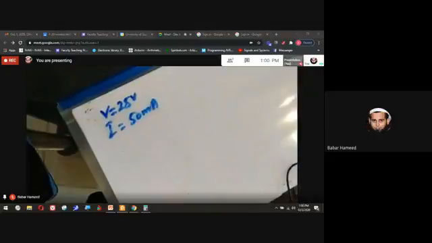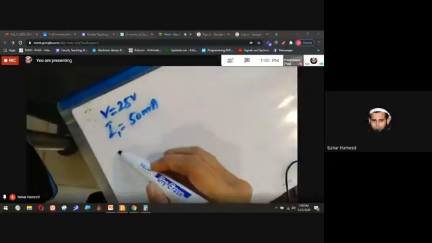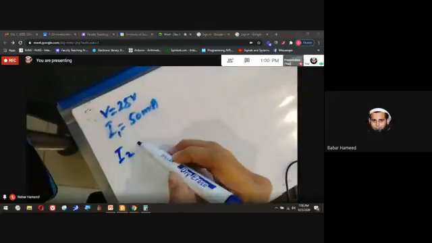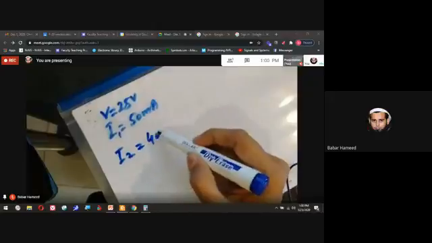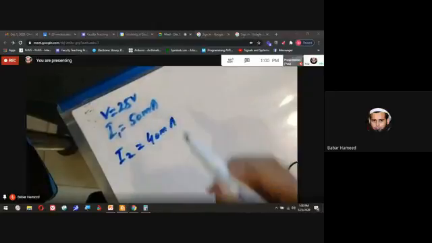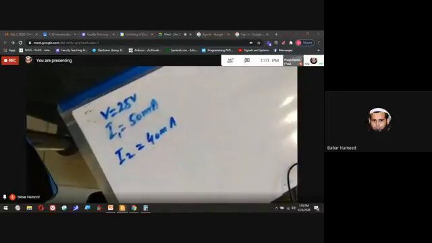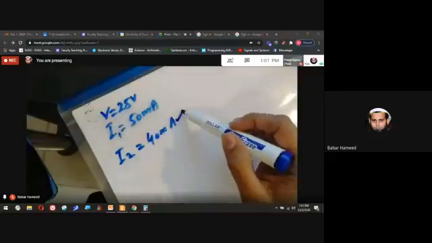And after some time, I measured and noticed that current has dropped to 40 milliampere. We assume that resistance did not change. What happens then? Something happens that causes the current to reduce.